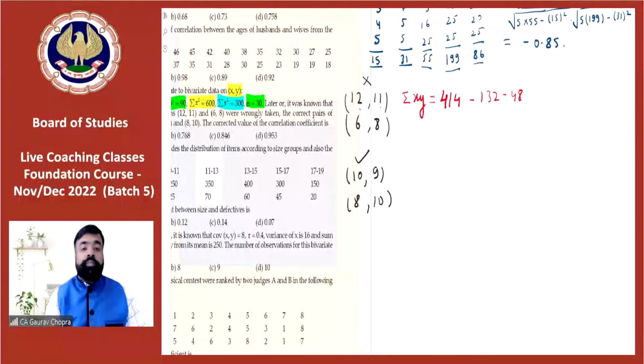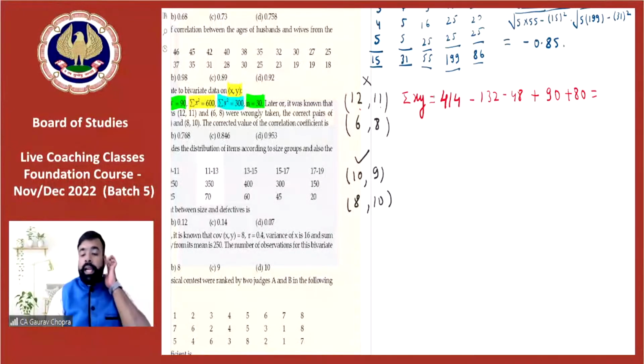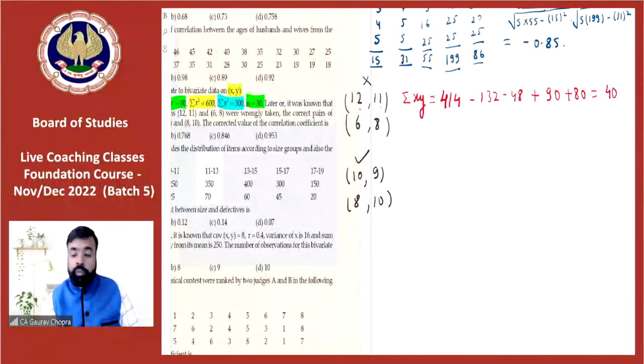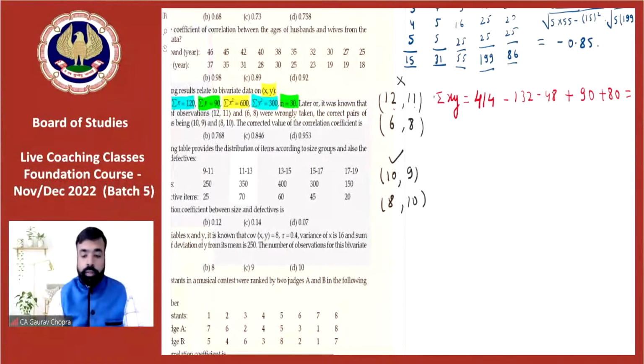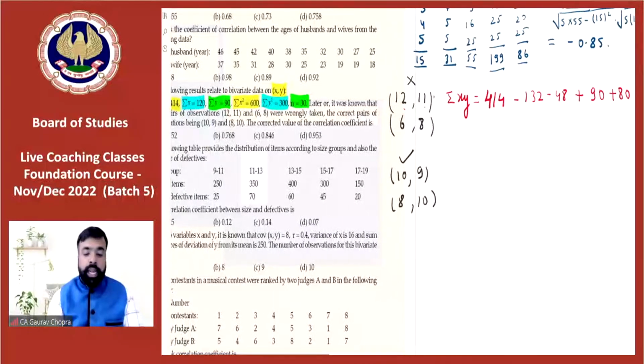Subtract the wrong one, then add the correct one. So 10 into 9 is 90. 8 into 10 is 80. So just do add less. So what will be the effect? What will be the correct value of sigma xy? So if we add, this is 180 negative and 170 positive. So finally it will come as 404. Then sigma x.